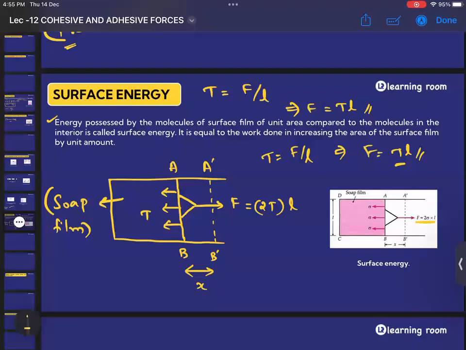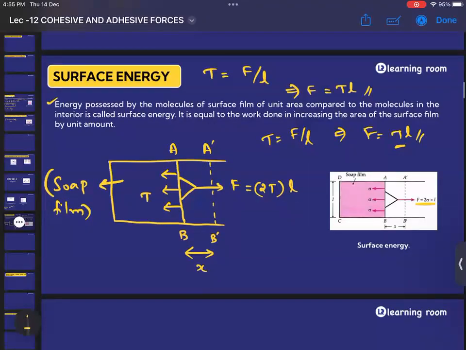Right. Now, what does this surface energy mean? Let's try to understand. From the name itself, it is clear. Surface is related to some object on the surface. Energy is related to the amount of work that we need to do to achieve something. So when I say surface energy, it is the energy possessed by the molecules of the surface film. Okay, surface film is there, but what area should I consider?